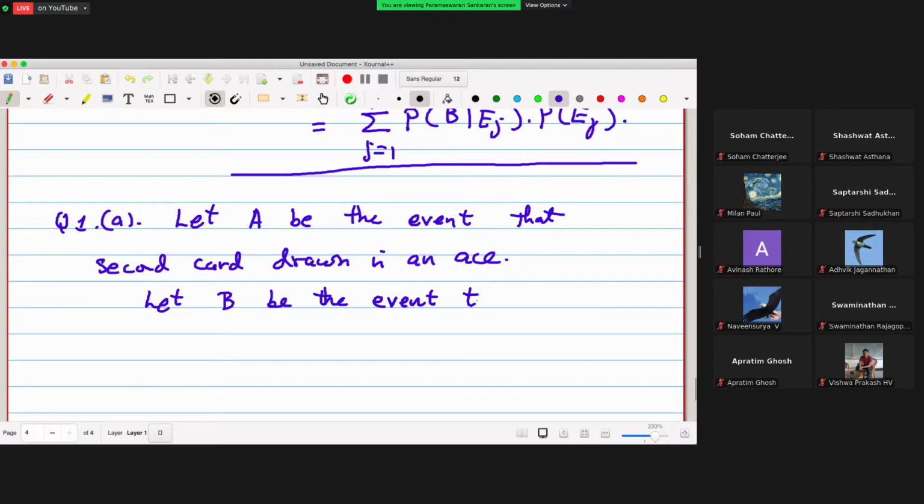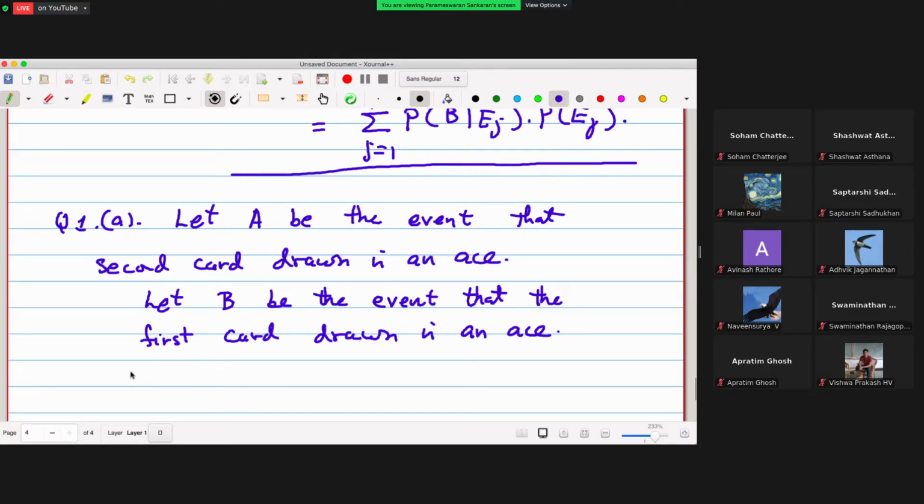Event A: the first card drawn is an ace.